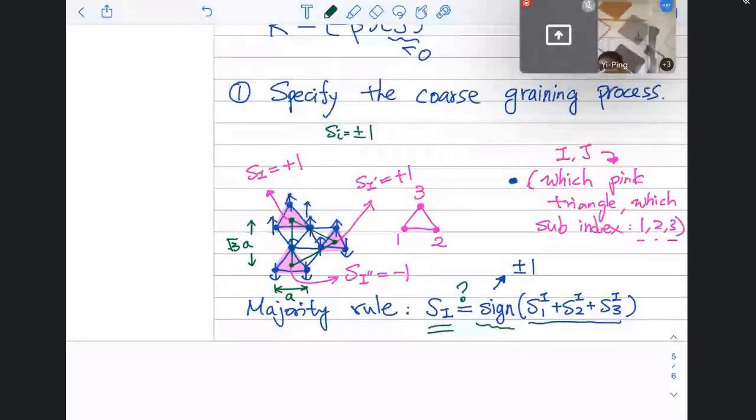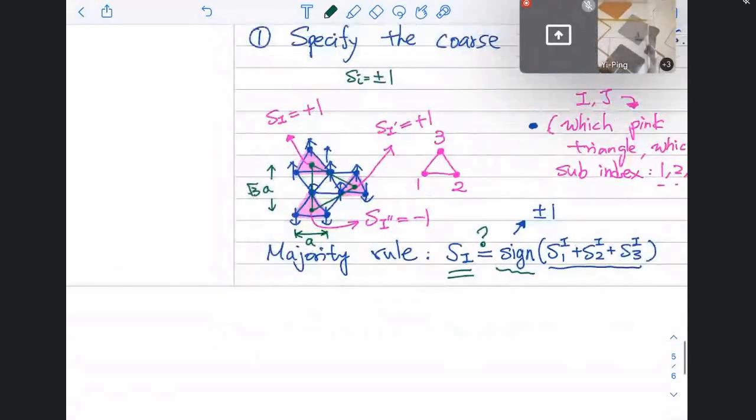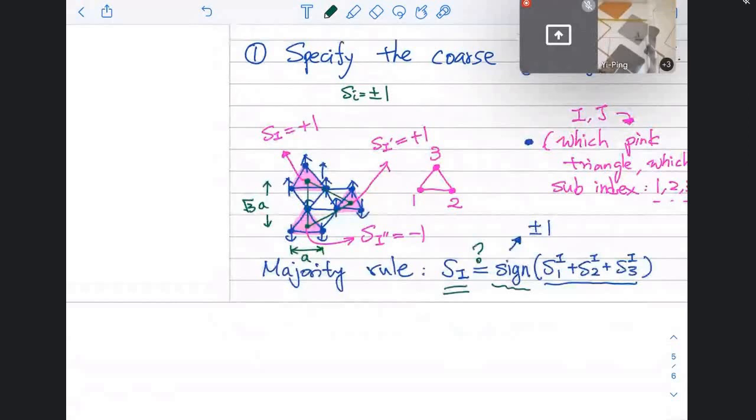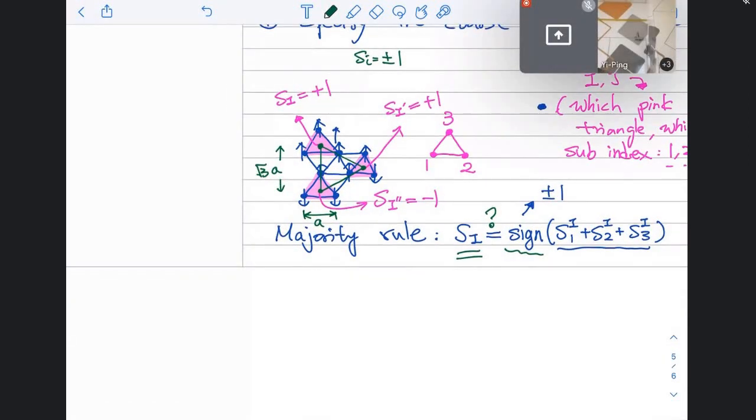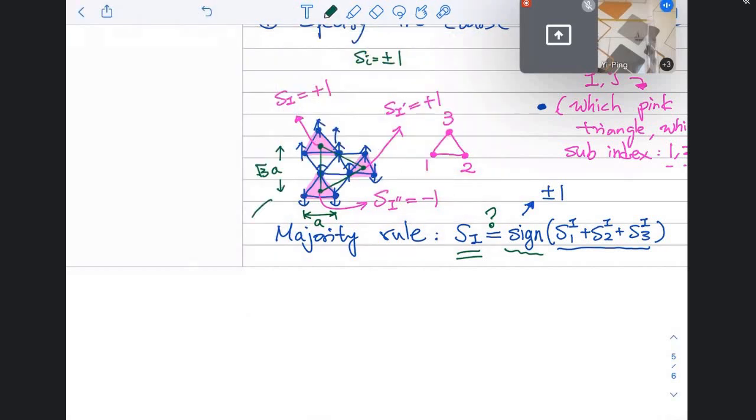Okay, so if not, let's move on. I think I already did some of the drawing, but let me try to draw it again. So basically, after this coarse-graining process, we will have 3 degrees of freedom.